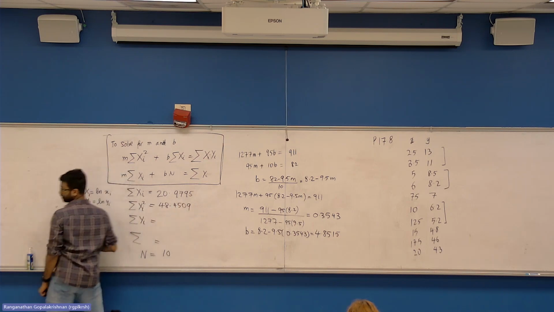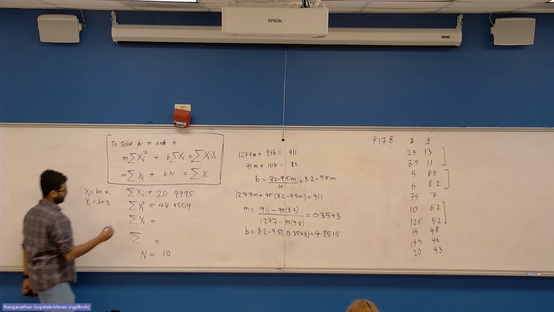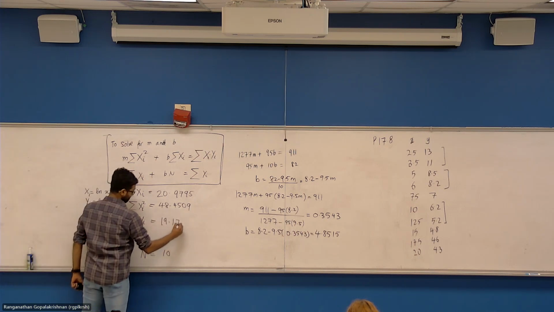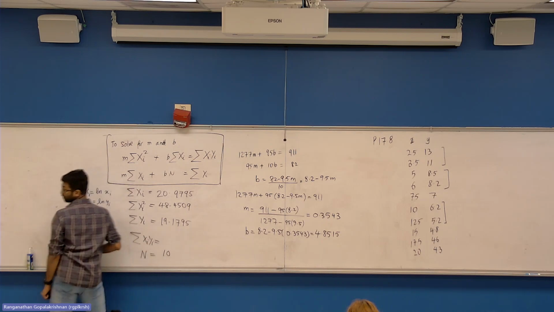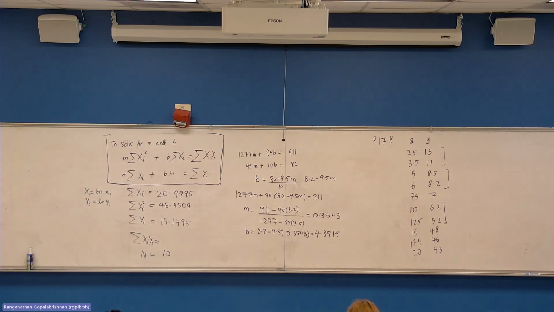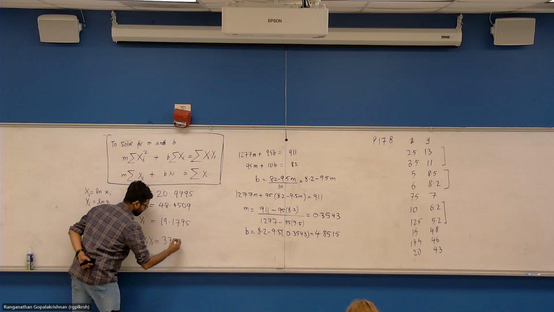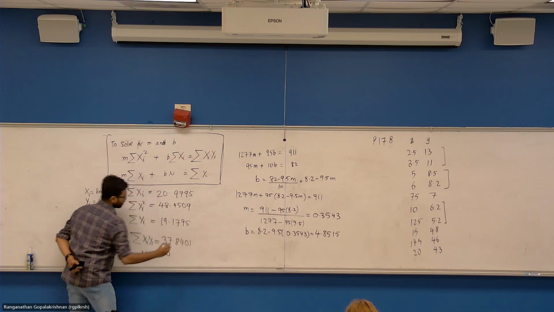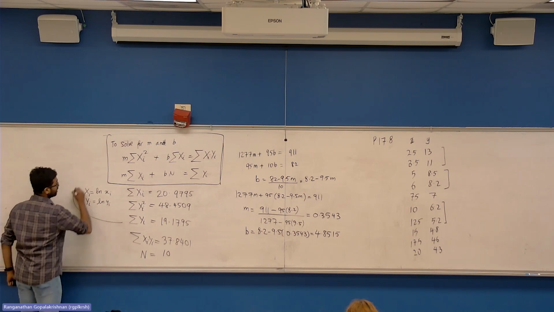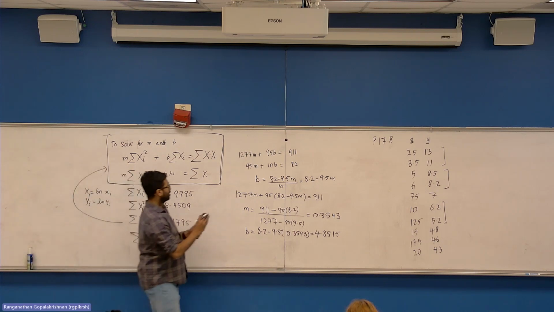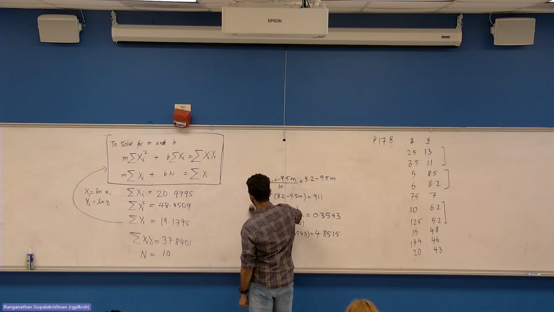Sigma yi is 19.1795. And sigma xi yi is 37.8401. So with these values plugged in here, I will not do this. You do this and tell me what are M and B values.